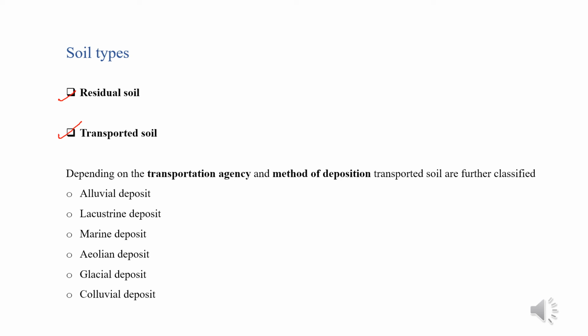These transported soils can be further classified depending upon the transportation agency involved and the method of deposition. First we can see what alluvial deposits are. Alluvial deposits are soils that have been deposited from suspension in running water, right?